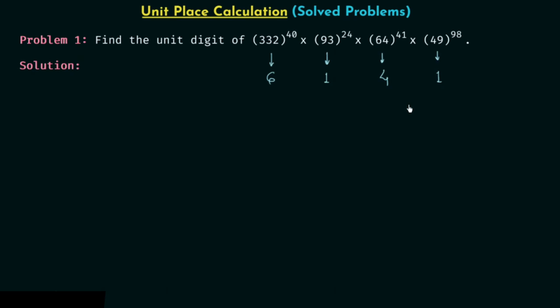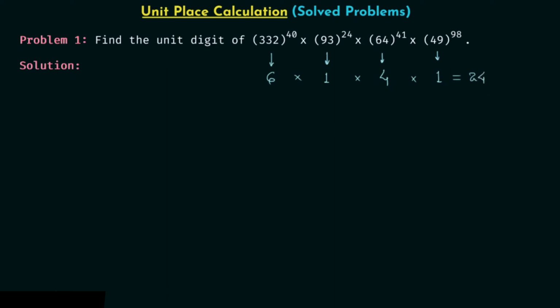Now the next step is to simply multiply the obtained digits. 6 multiplied to 1 multiplied to 4 multiplied to 1. 6 multiplied to 1 will give us 6. 6 multiplied to 4 will give us 24. 24 multiplied to 1 will give us 24 itself.